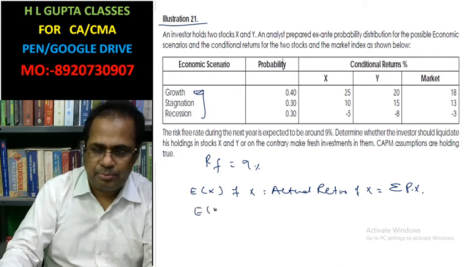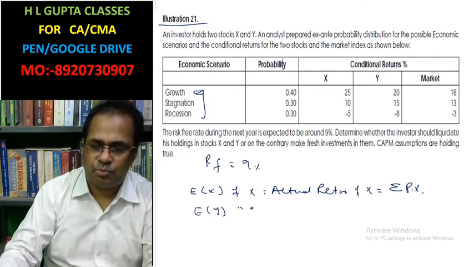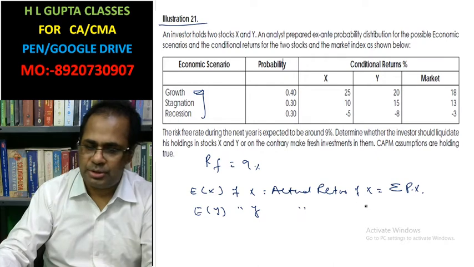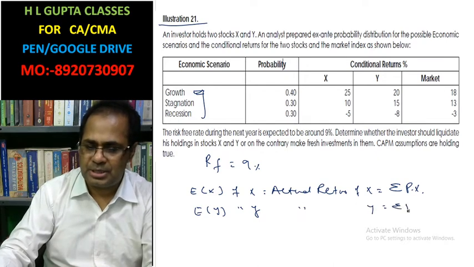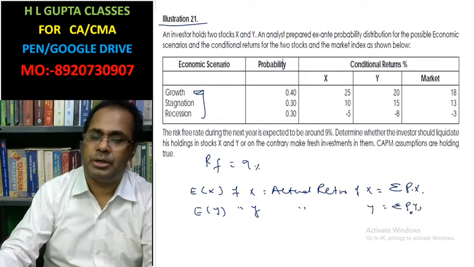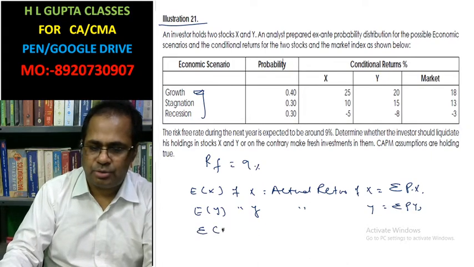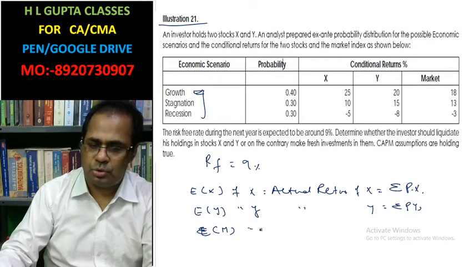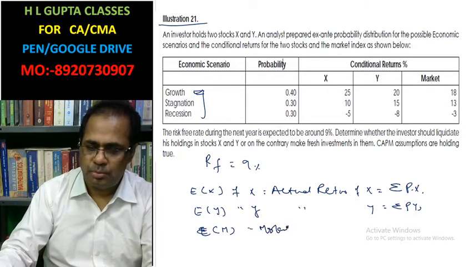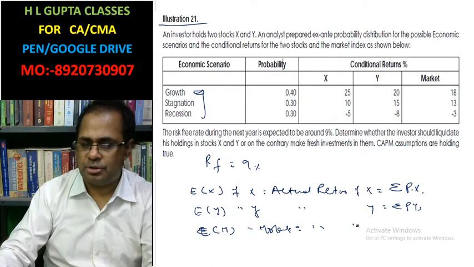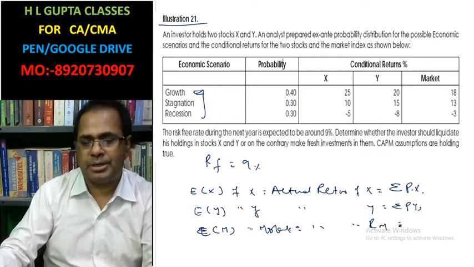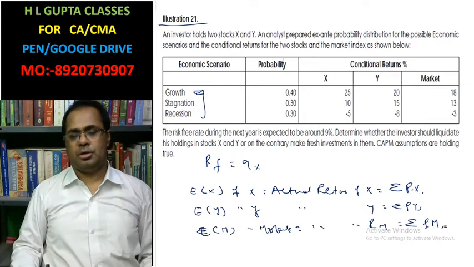Exactly the same way you have to calculate the expected return of Y, that is summation PiYi, and the expected return of the market, that is summation PiMi, you need to calculate here.